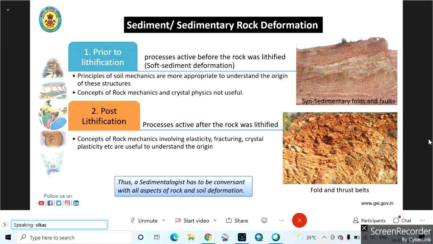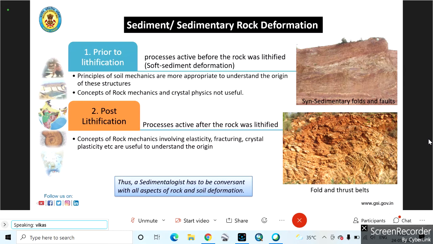Now, these sediments will have a number of structures over them. Here I am talking about those which can be primary or secondary both. You can basically classify them as something prior to lithification.